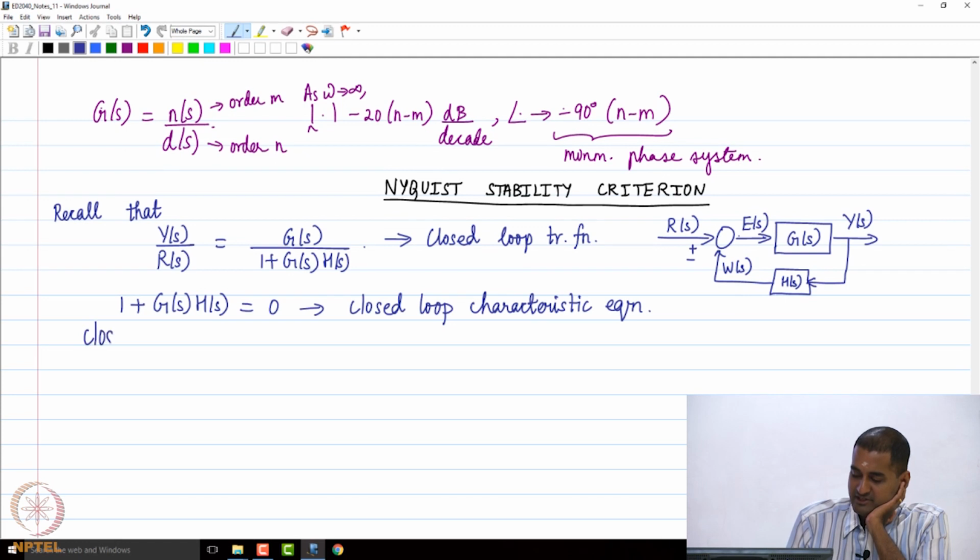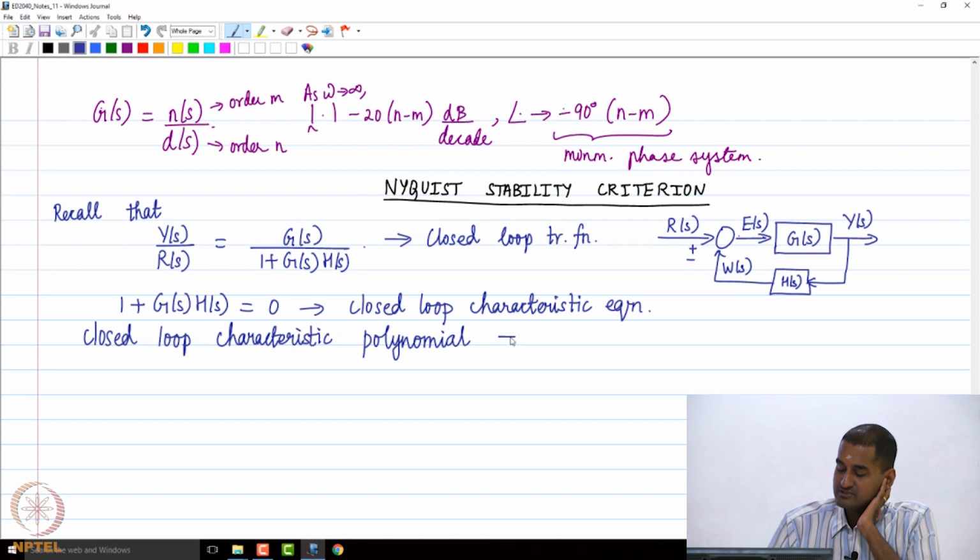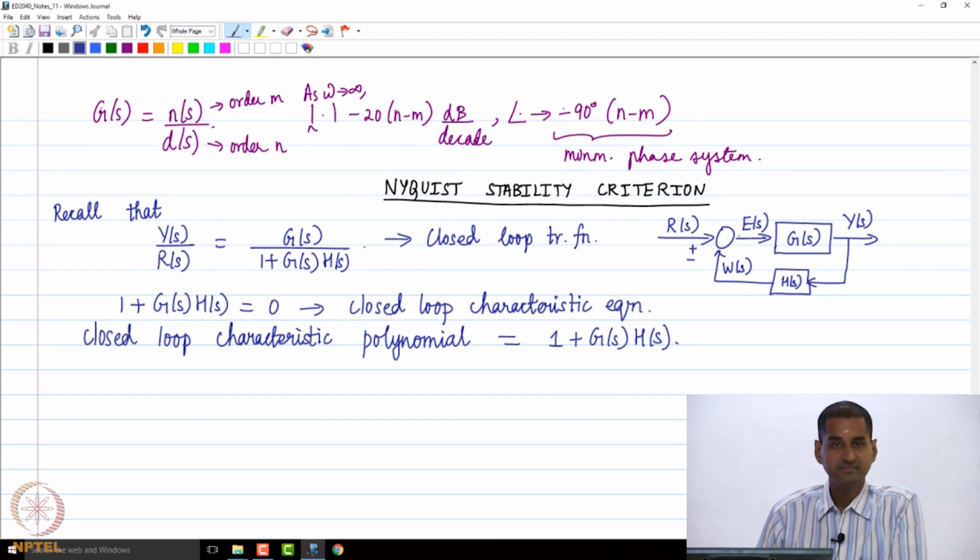And you immediately see that the closed loop characteristic polynomial is going to be equal to 1 plus g of s times h of s. That is the closed loop characteristic polynomial.